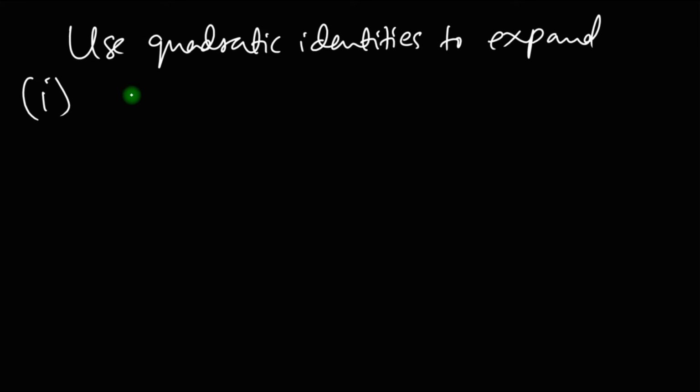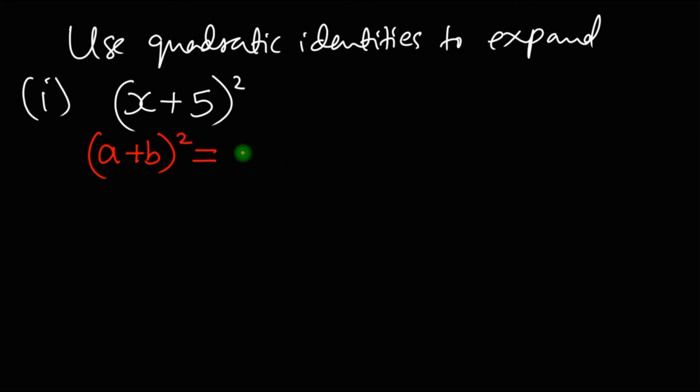We want to expand x plus 5 squared. In this case, we are going to use these quadratic identities, a plus b squared, which in the expanded form is a squared plus 2ab plus b squared.